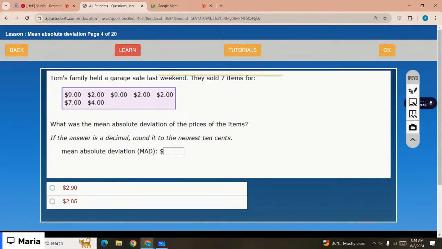Tom's family held a garage sale last weekend. They sold 7 items. What was the mean absolute deviation of the prices of the items?